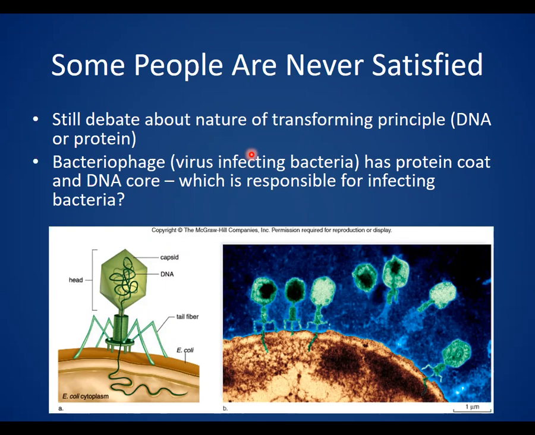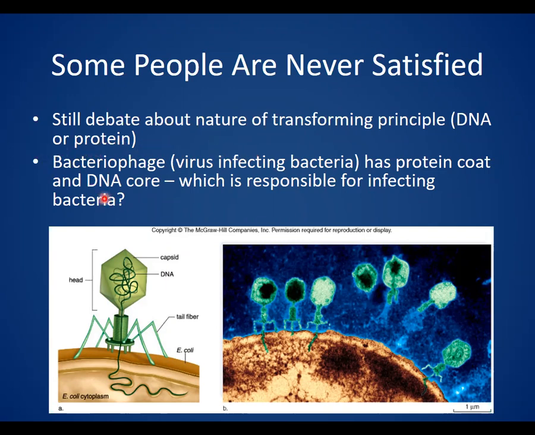It was known that proteins were much more diverse than DNA. DNA was made up of 4 nucleotides. Proteins were made up of 20 amino acids. And so people argued, if you wanted to carry a lot of information, wouldn't a more diverse molecule be your natural candidate? So there was still some debate, even after Avery's experiments, about what the transforming principle was.